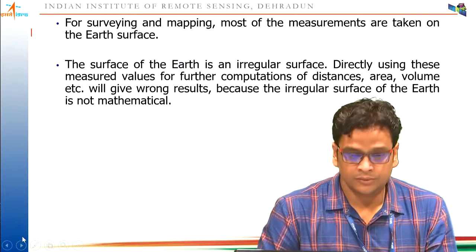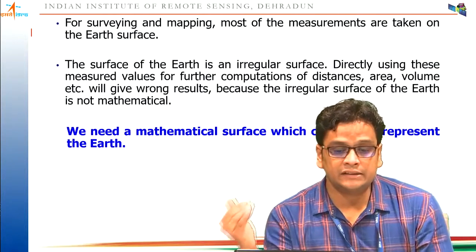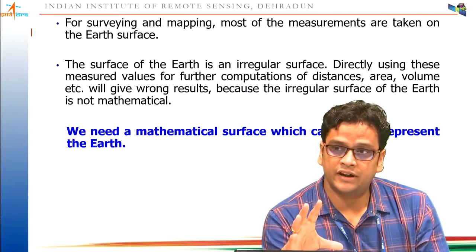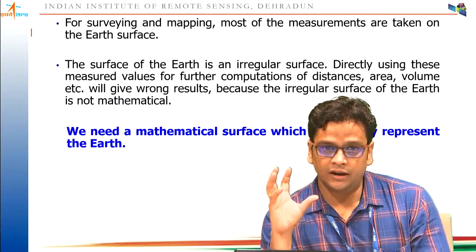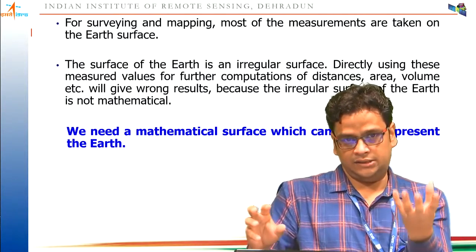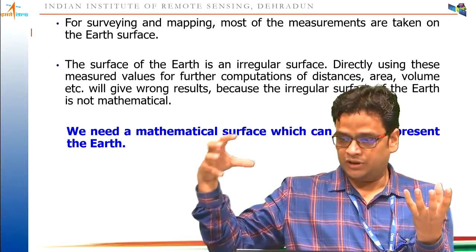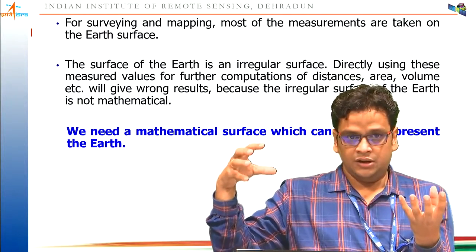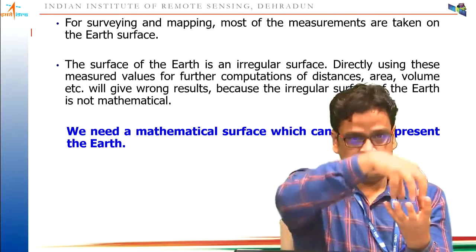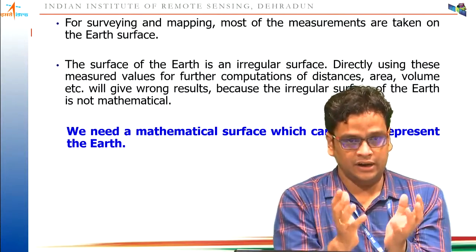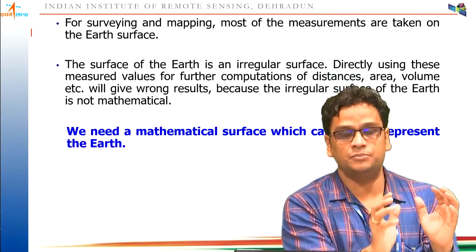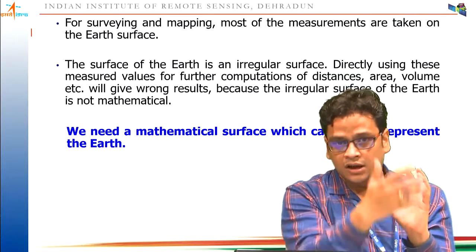So we need a mathematical surface which can closely represent our Earth. The irregular Earth is there with us, and we are trying to fit a model to that Earth which can closely represent it.